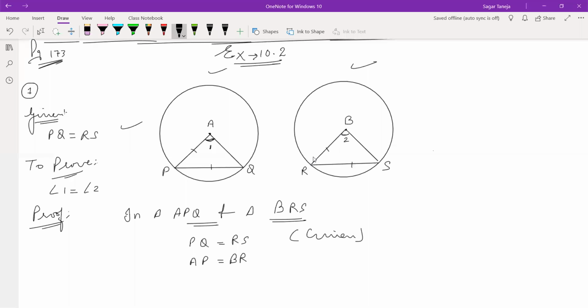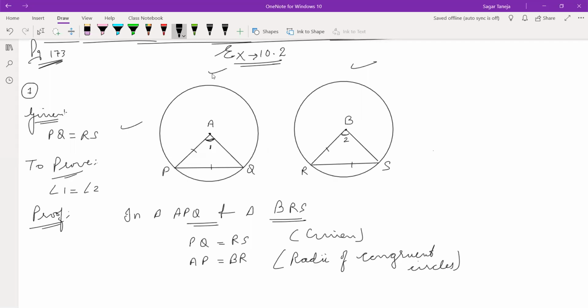Anyone can tell me how this radius is equal to this, when the circles are different? Now we can't write that radii of the same circle. So what to write? Radii of congruent circles.